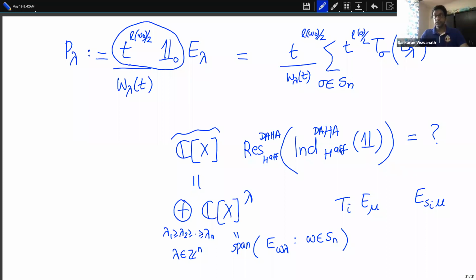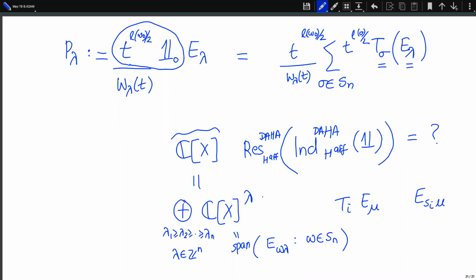And in some sense, the symmetric Macdonald polynomial is going to lie here. It will live in this space. Because what did we do? We took an E lambda and then we applied the various finite T sigmas to it. Perfect. So this space Cx lambda certainly contains the P lambda. Perfect. Thank you. That's very good.